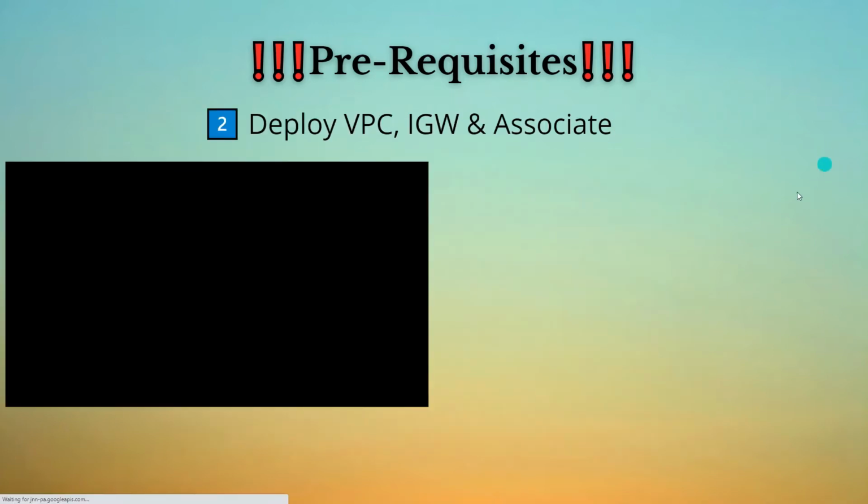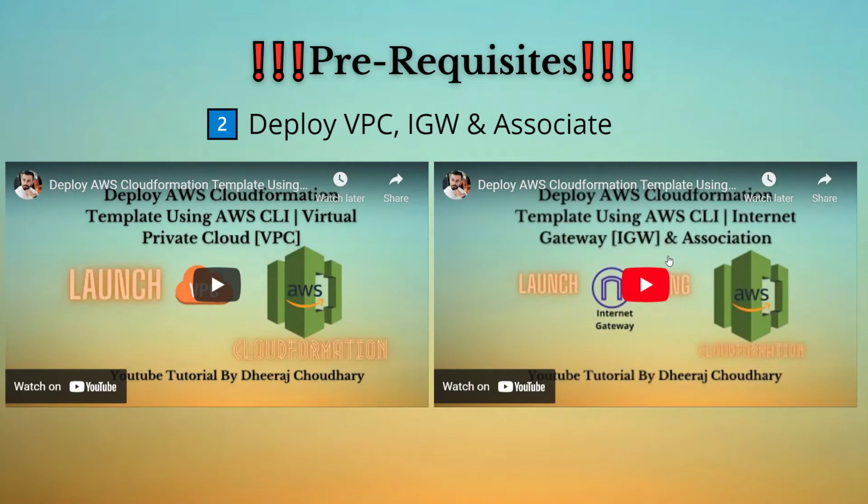The second prerequisite is that you have to make sure that there is a VPC and internet gateway already in place, because as part of this NACL implementation, we are going to associate this on top of the public subnet. That is the reason the VPC and internet gateway are important, because we have to deploy a public subnet inside this VPC.